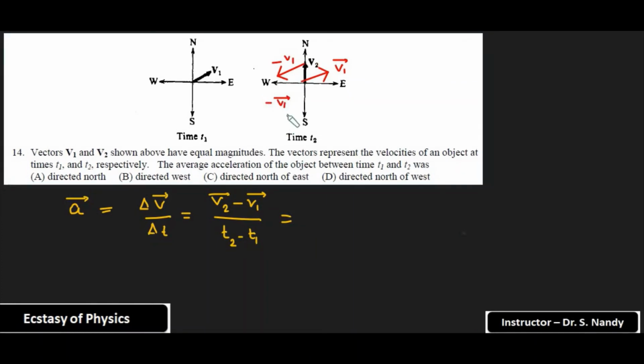It's basically representing the v2 position. The initial position is the origin, and this is the final position. If you join this, that represents the resultant of the vectors, which is directed towards the north and the west, so directed north of west. This is option D.